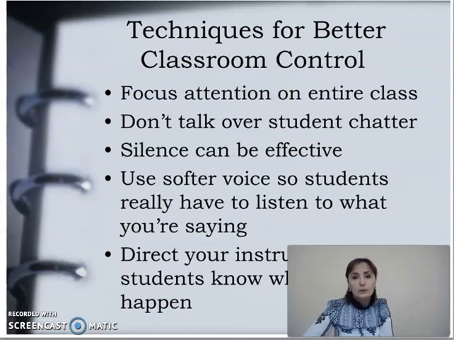So now let's speak about techniques for better classroom control. So what are they? Focus attention on the entire class. Don't talk over student chatter. Silence can be effective.